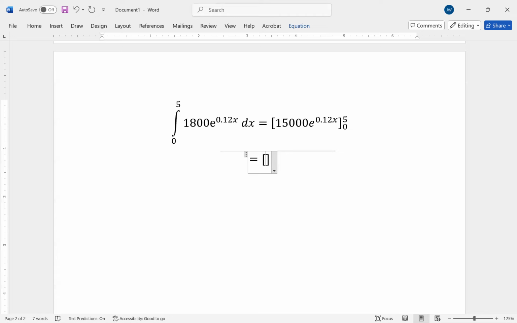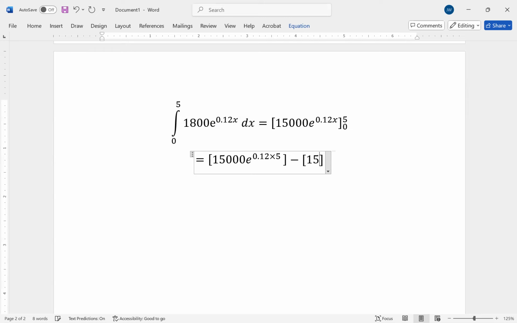So let's start by plugging in 5, 15,000 e to the 0.12 times 5, minus what I get when I plug in 0. Now, be careful here. This is not a polynomial.